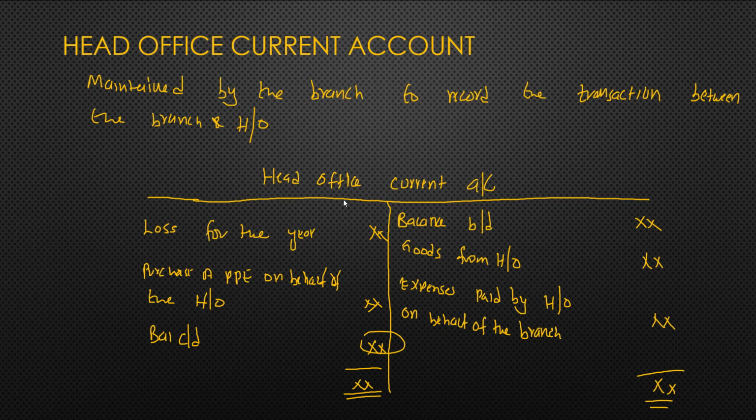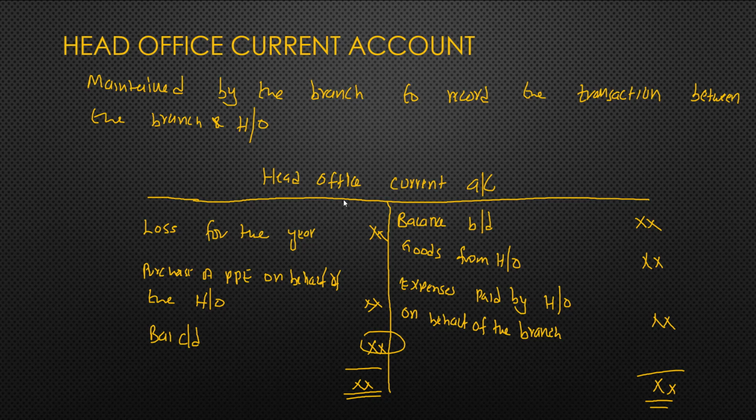And the first one is when there is cash in transit. When there is cash in transit, the balances will not be equal, because the branch will state that they have paid the head office, and yet the head office may not have received the payment. Another instance is when there are goods in transit.